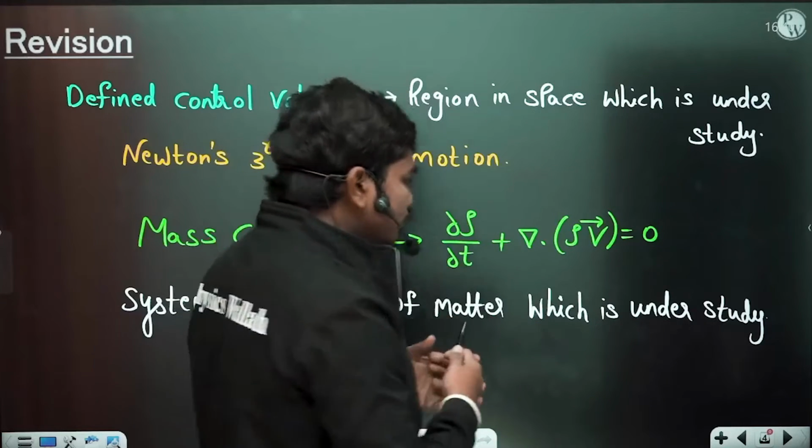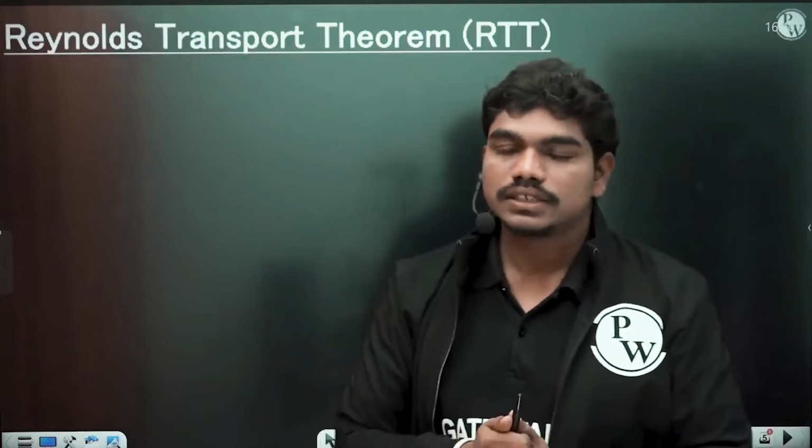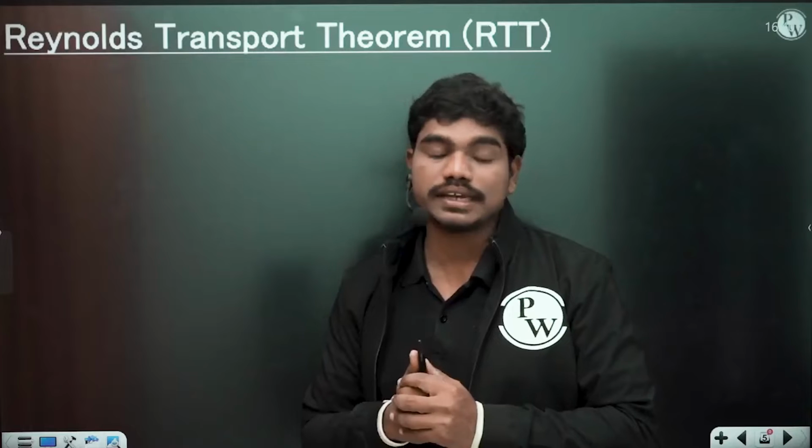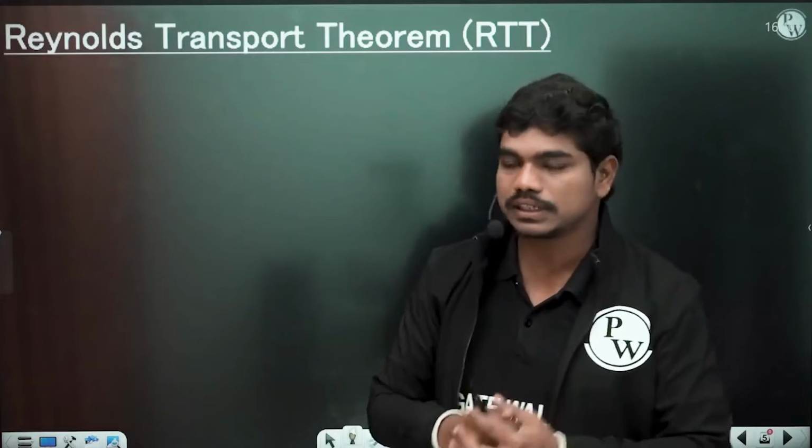Okay, so now this Reynolds transport theorem is actually one very important understanding. Okay, so let us see what is this Reynolds transport theorem and what is the main use of this Reynolds transport theorem. So let us try to identify.